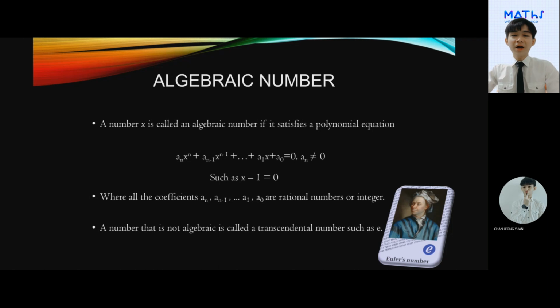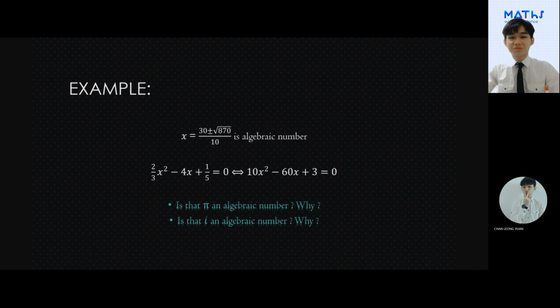So, why must all the coefficients be rational numbers or integers? Here is the example. This version is an algebraic number since it satisfies the following equation. The left and right equations are the same in terms of algebraic numbers, since when we plug s into both equations, we will also get output 0.